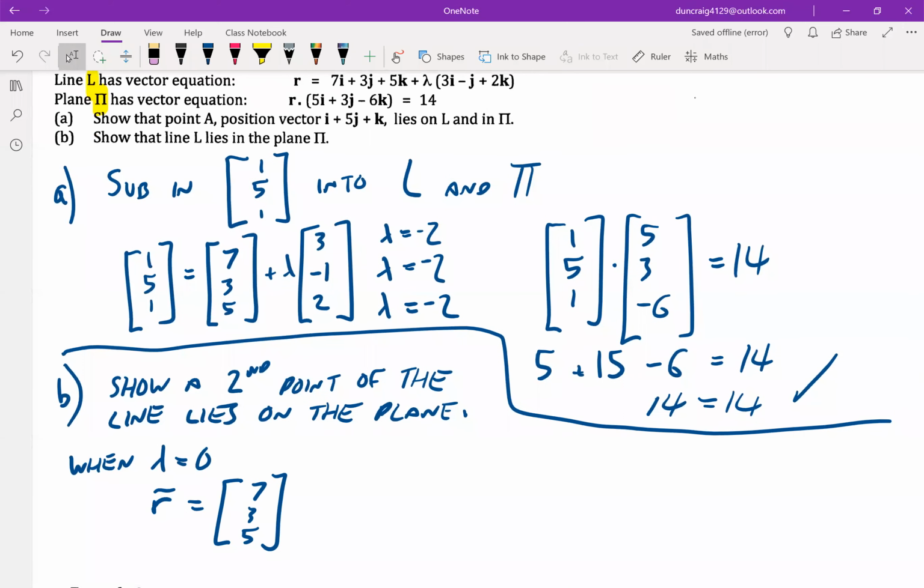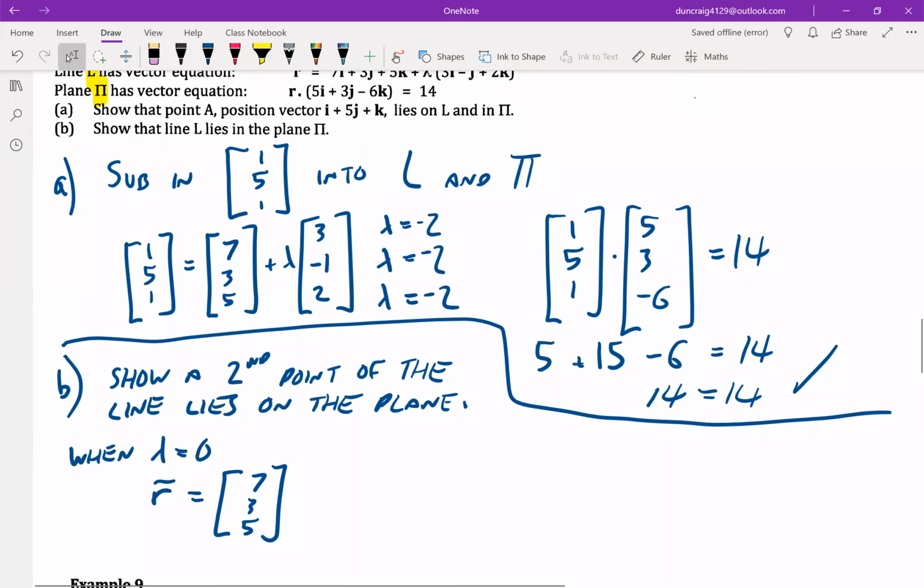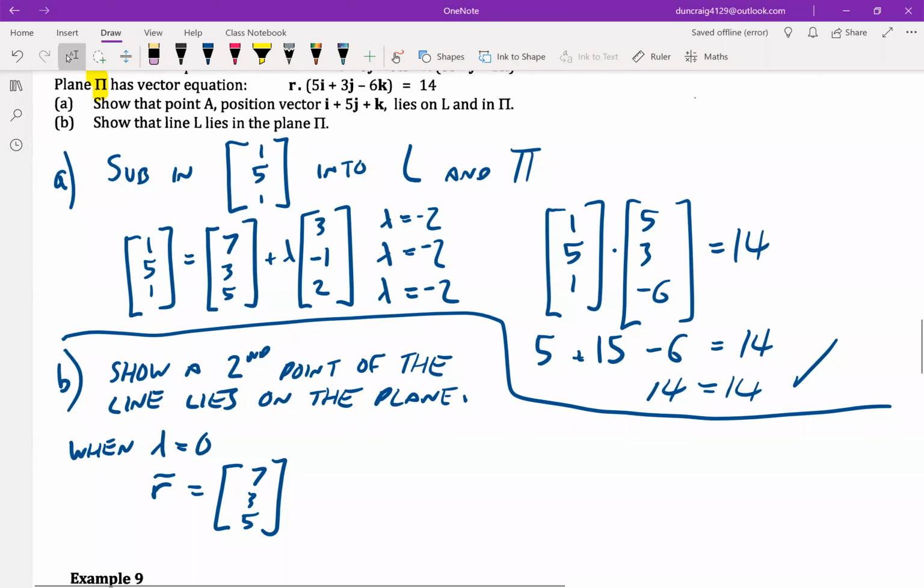And let's check to see if that works as well. Let's put that into the equation for the plane.